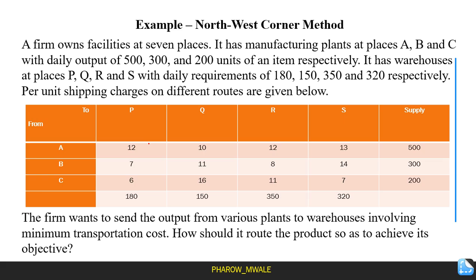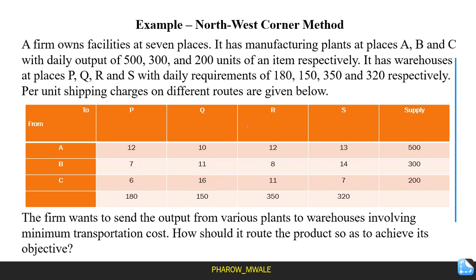Now it has warehouses at 4 places, and those warehouses are labeled as P, Q, R, and S, which have the daily requirement. They demand 180, 150, 350 and 320 respectively. Now the per unit shipping charges on different routes are given below. So these values we are seeing here, 12, 7, 6, 10, these are called the per unit shipping charges.